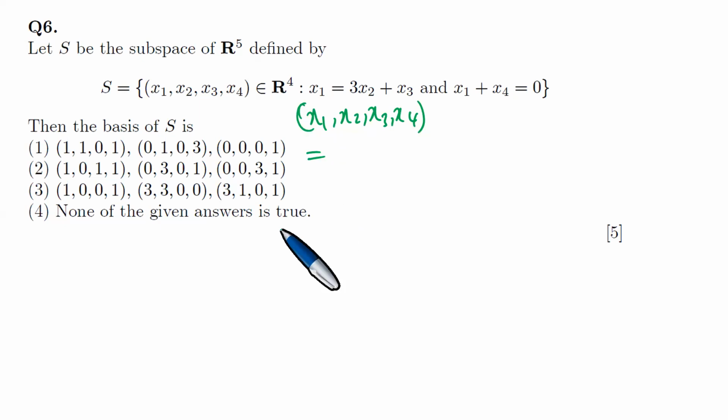You take the vector that is in S, because you want to find a basis of S. So you take a vector and then play around with that vector in the following manner. You consider, for example, x1. What is x1? x1 is also equal to this.